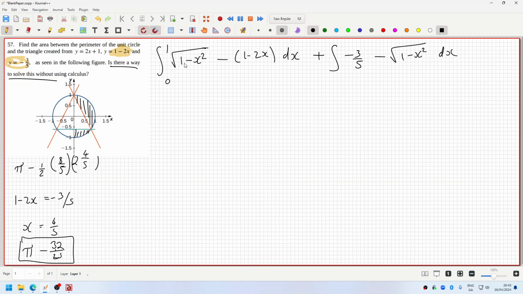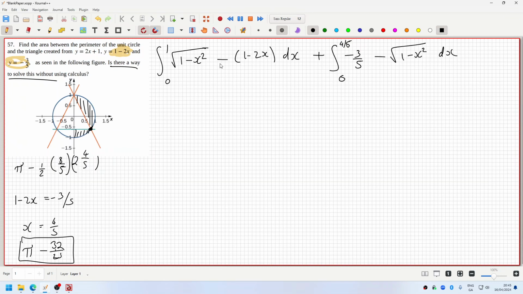So we've seen this integration already. It was in the previous question 56. And that's, oh, well, it's a good thing I got this point here. So that's 0 to, what did we get? That was 4/5, wasn't it? Yeah, 4/5.